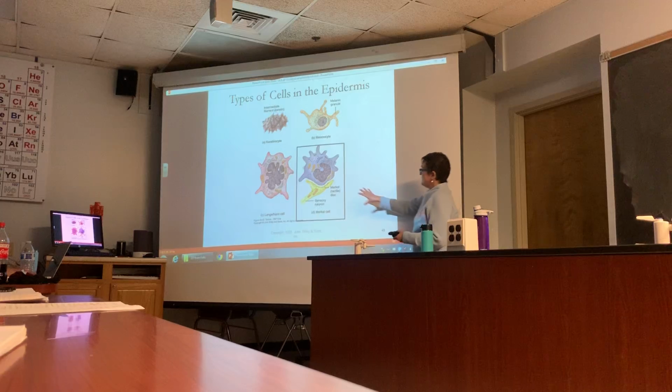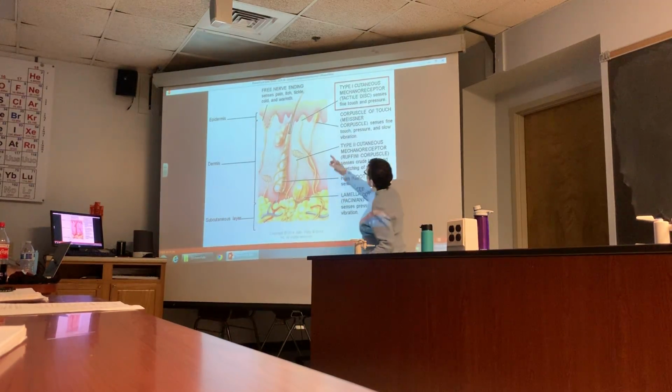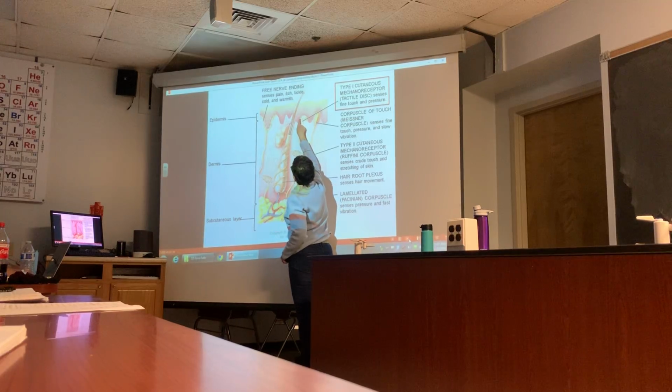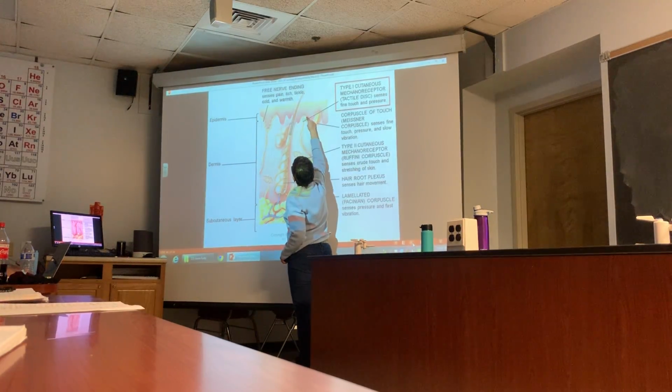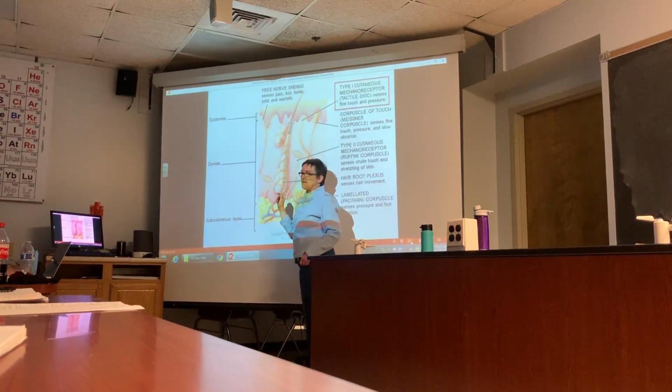Now, when you look at the picture that's in your book, this is what the Merkel disc really looks like. They're also called tactile discs. The tactile discs are at the very tips here. They almost look like synaptic end bulbs in that picture, but they're not. They're the tactile discs.